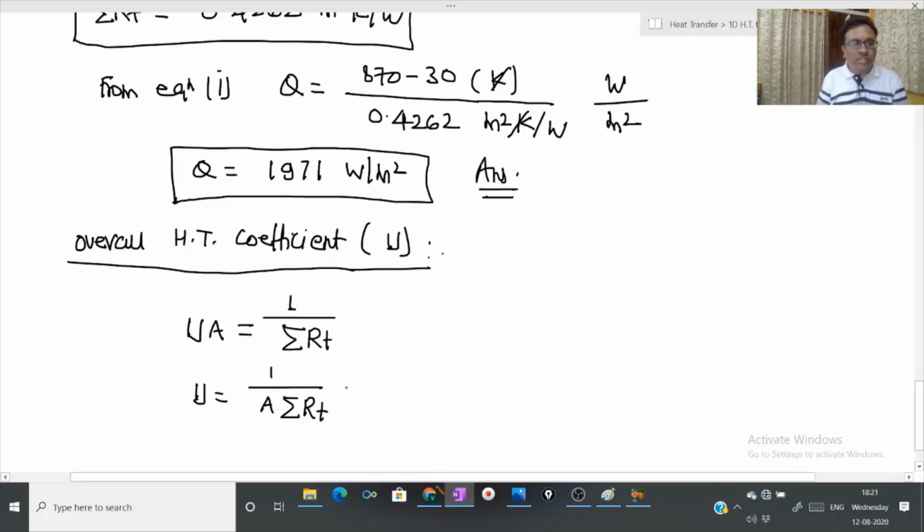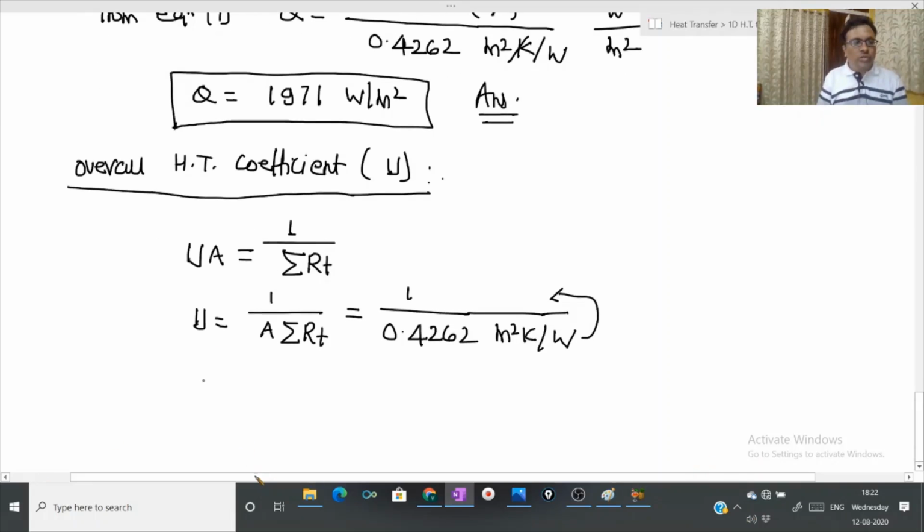So this will balance out the unit. So 1 over 0.4262, as you can see here, the unit is meter square Kelvin per watt. This watt will go on the numerator.